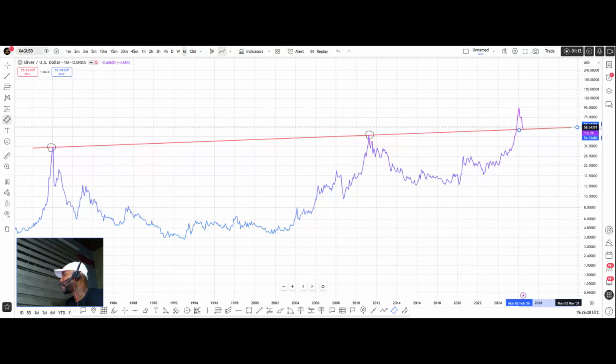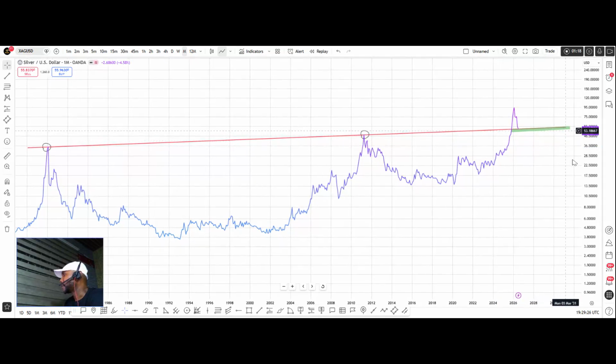It looks like the bulls are going to defend this level, but technically it shouldn't disappoint at this level due to the current deficit we have for silver. We have a serious deficit in silver, so the demand is still very high, and its price needs to be recalibrated so that it could step up.